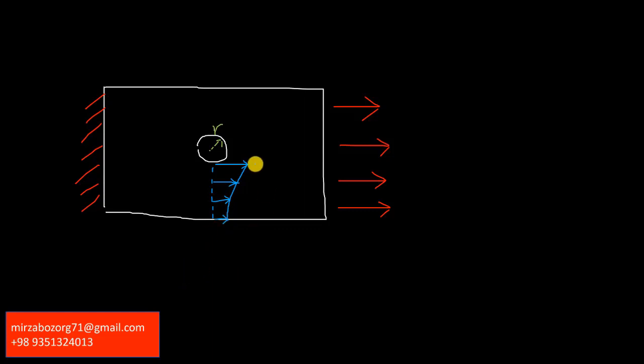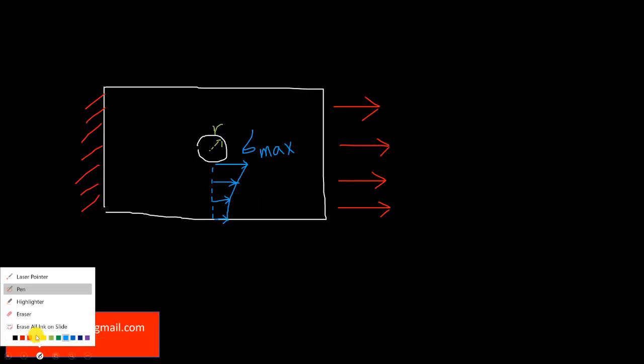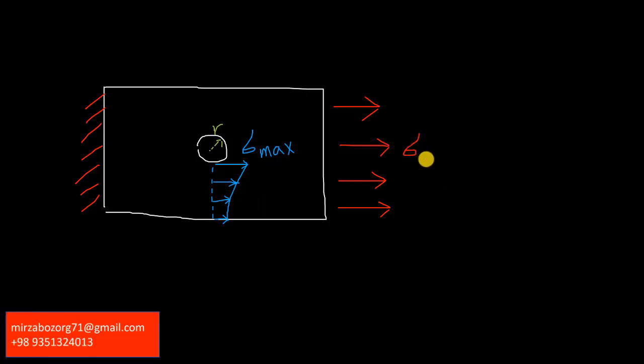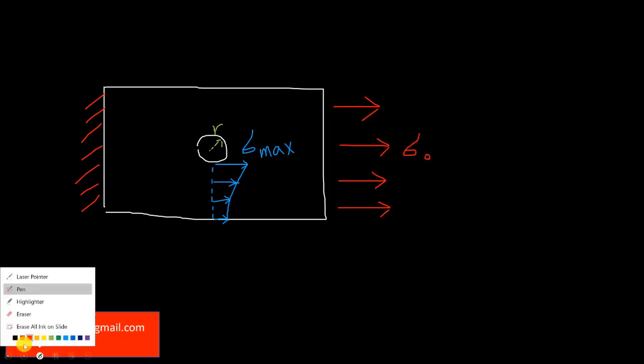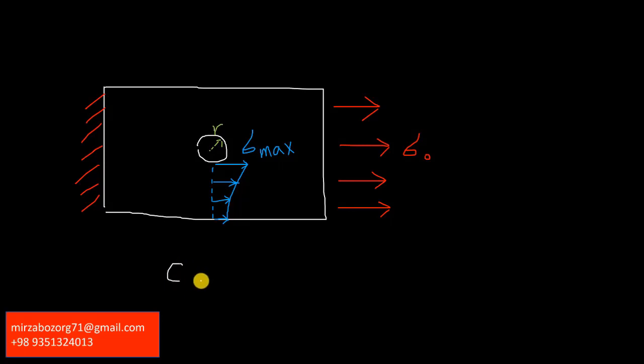This is, for example, sigma max, and this is sigma 0. I want to find the sigma max to sigma 0 ratio when the radius changes.